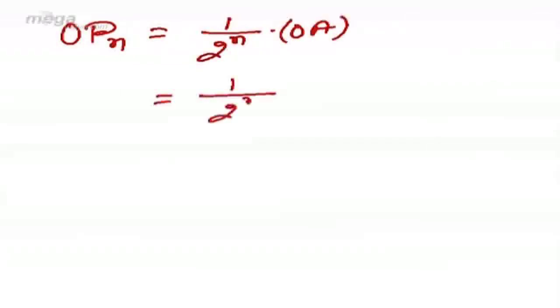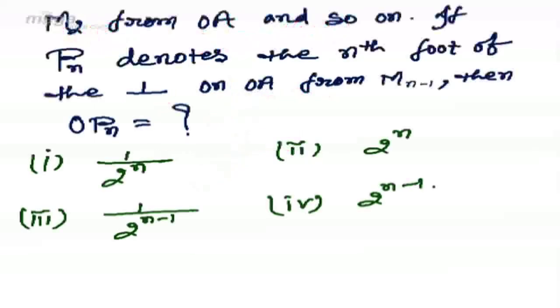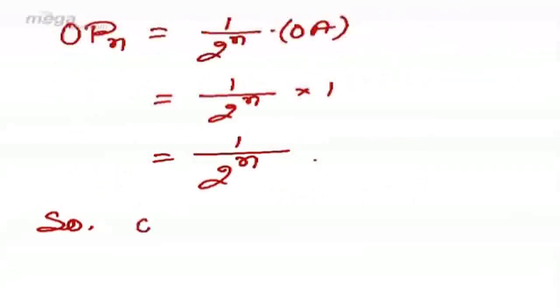Hence OPn equals 1 upon 2 raised to power n into OA, and OA is given as 1, so we write into 1, that is 1 upon 2 raised to power n. Hence, according to the options, option number 1 is correct.